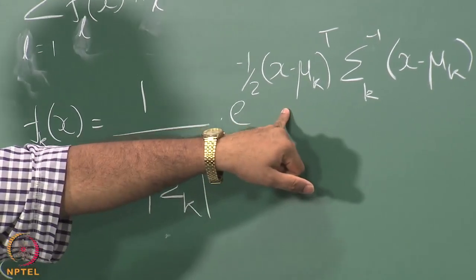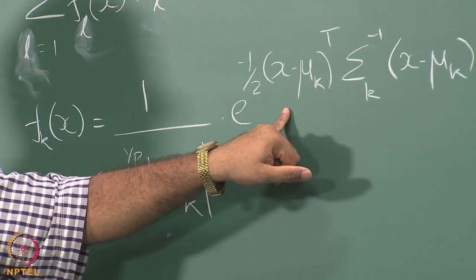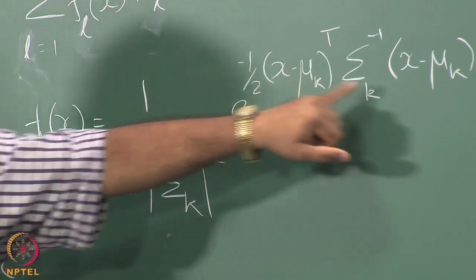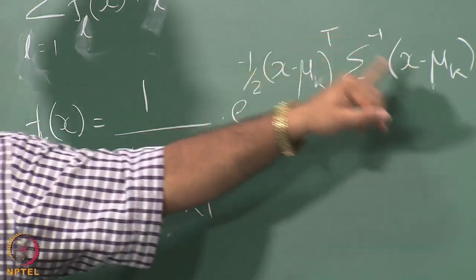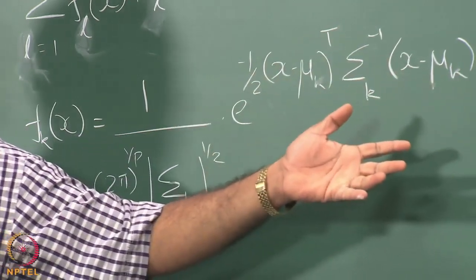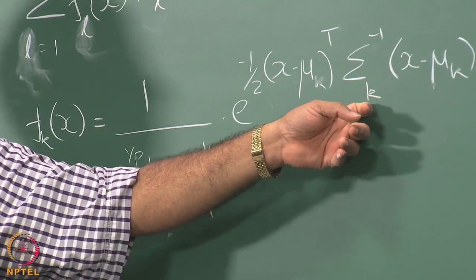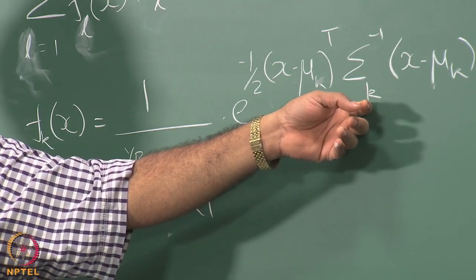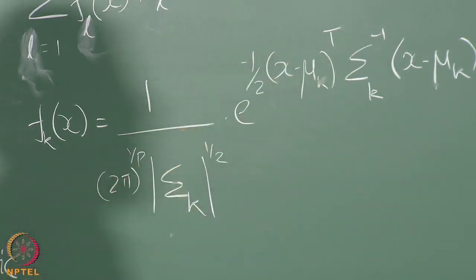And here again, this is x minus mu squared by sigma. People must be familiar by now: when I say x minus mu transpose x minus mu, that is actually the square in the vector sense, and then by sigma becomes sigma k inverse. This is the covariance matrix. So this is called the multivariate Gaussian.